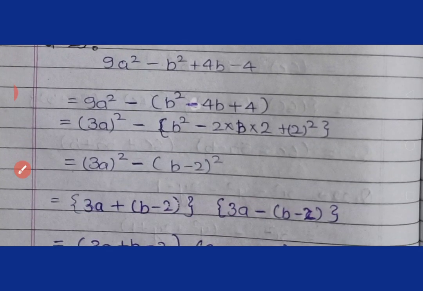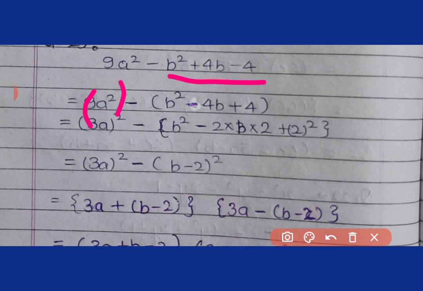Now next question. 9a square minus b square plus 4b minus 4. So 9a square is not related to the b square plus 4b minus 4, so we will put it outside in one bracket. And in the second bracket we will write b square minus 4b plus 4.